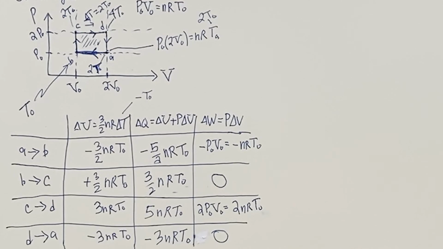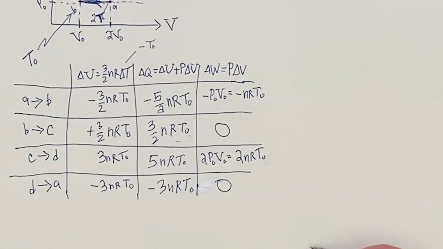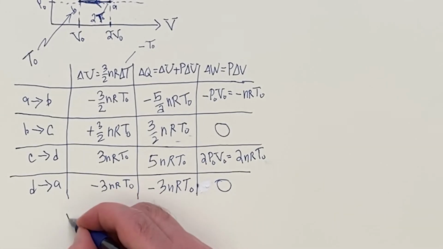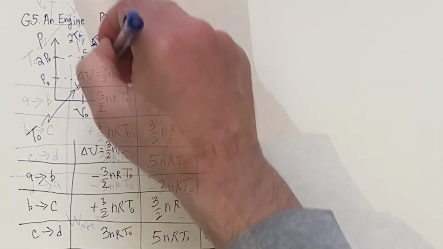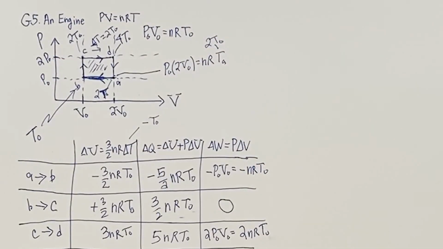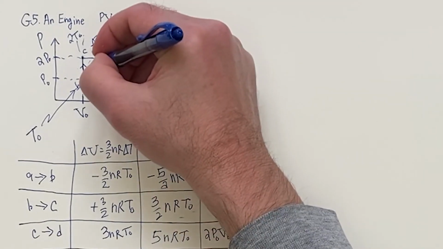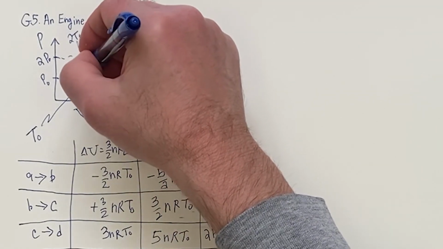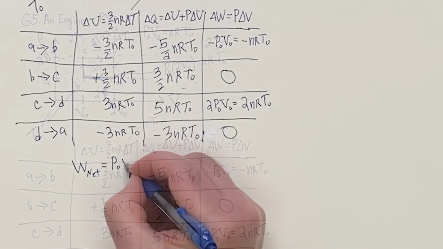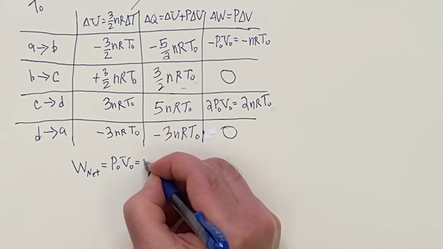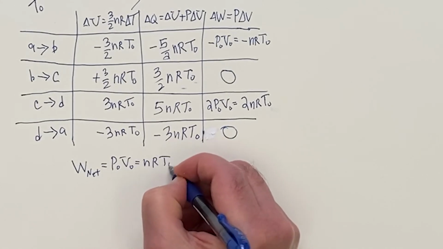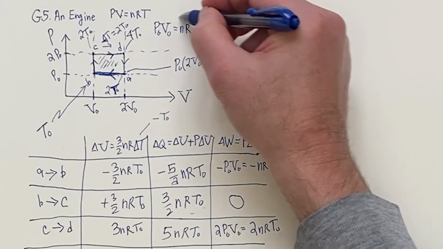And then what you're really after is, what is the work I get out for the heat that I put in? So the work, the net work that you're doing, is the area inside here, which is going to be P naught is 1 dimension times V naught. So P naught V naught, and that's nR T naught by our setup here.